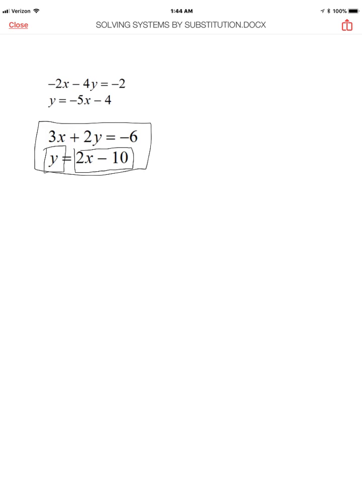So what we will do is substitute the value of y, which is 2x minus 10, into the first equation.